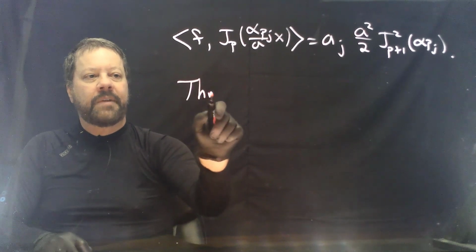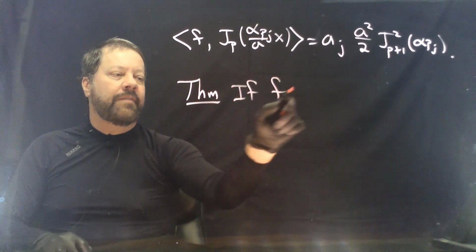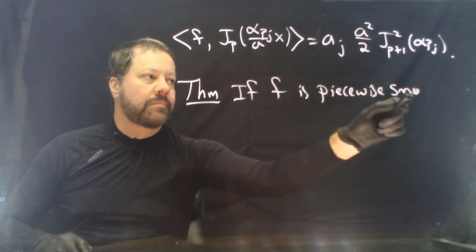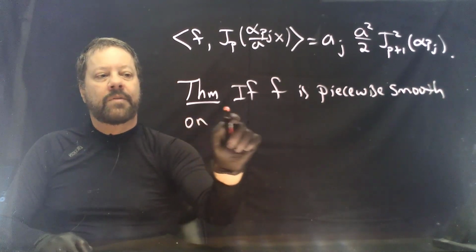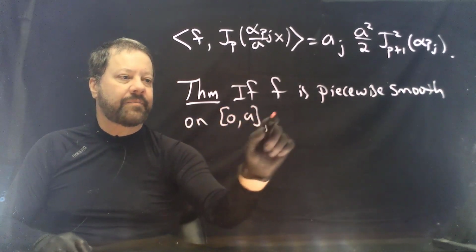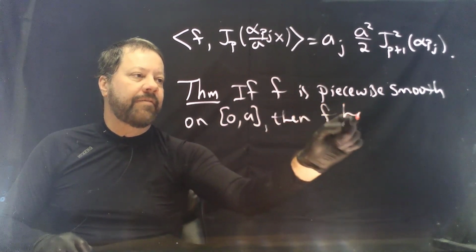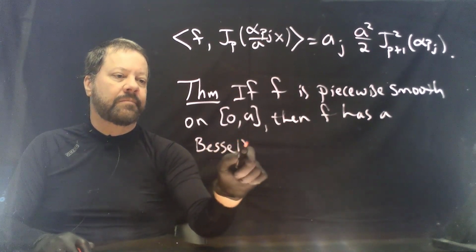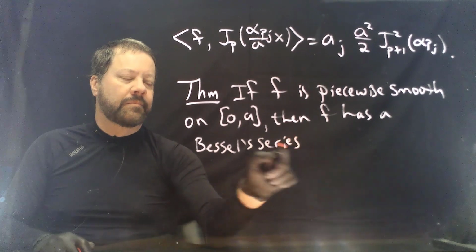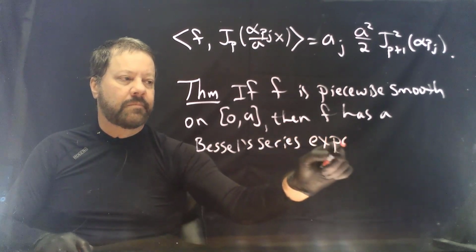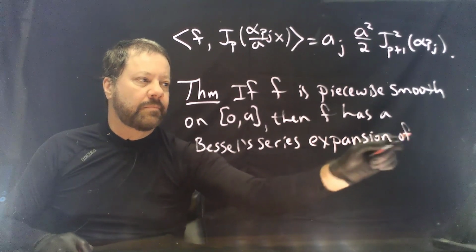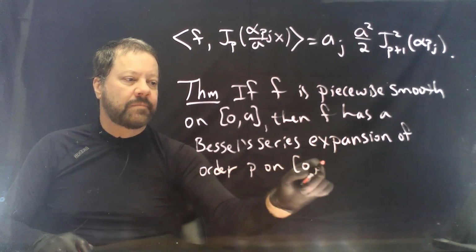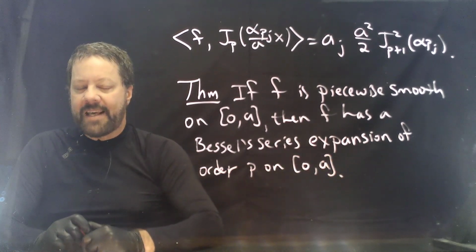And the theorem is that if f is piecewise smooth on the interval from 0 to a, then f has a Bessel series representation of order p on the interval from 0 to a.